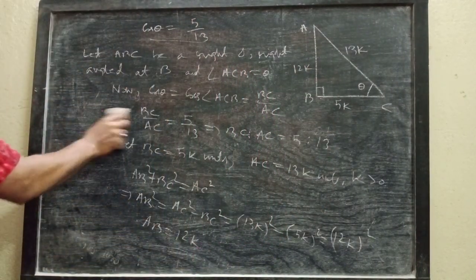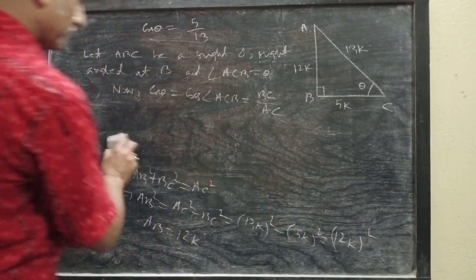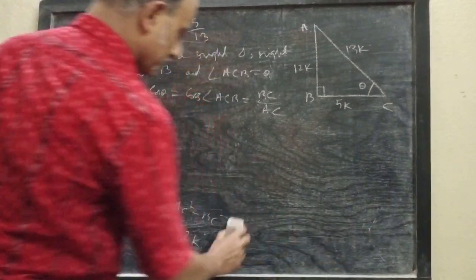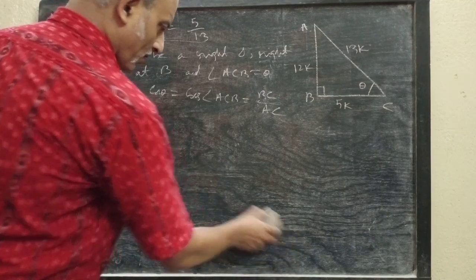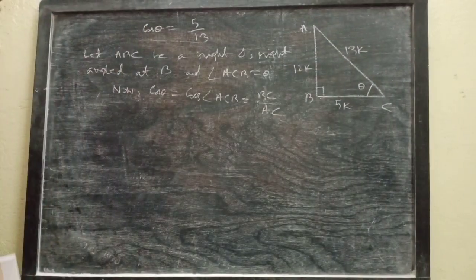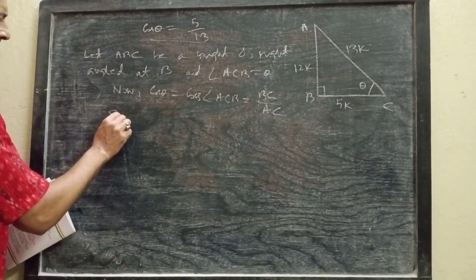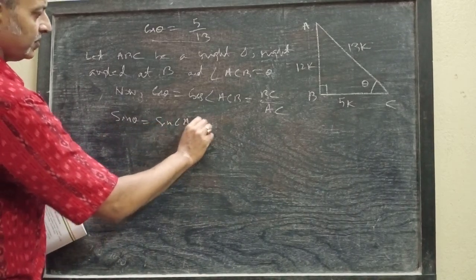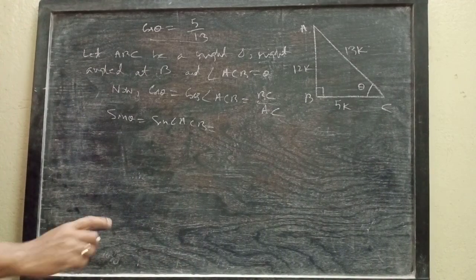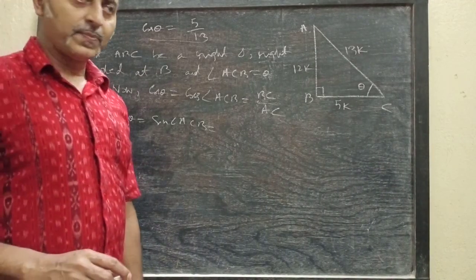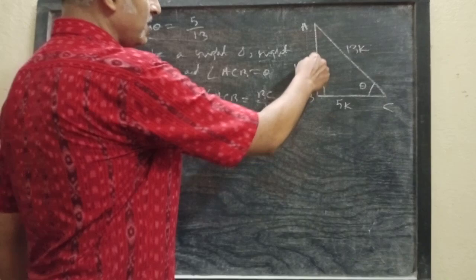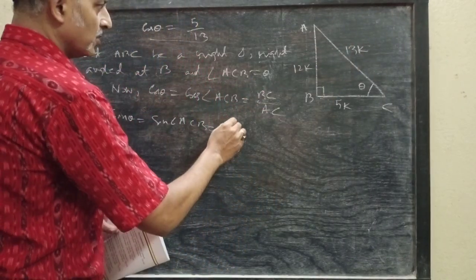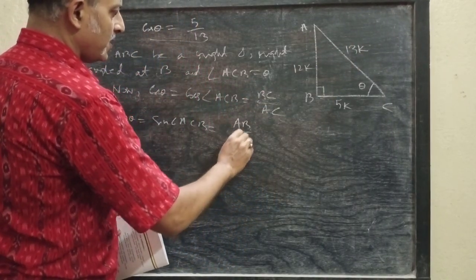Now proceed in this way. First find sine theta, that is sine angle ACB. Remember the first line, perpendicular by hypotenuse. So this will be AB by AC.